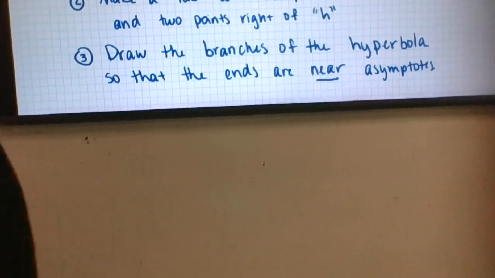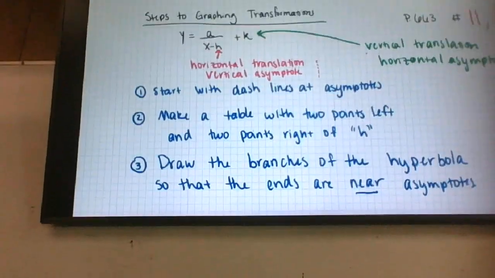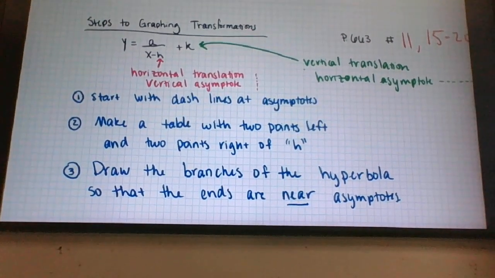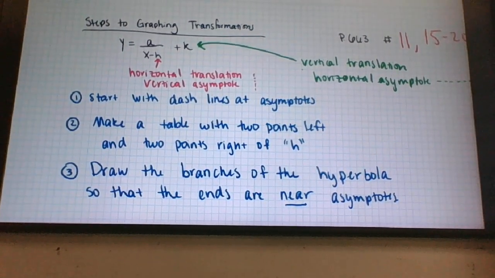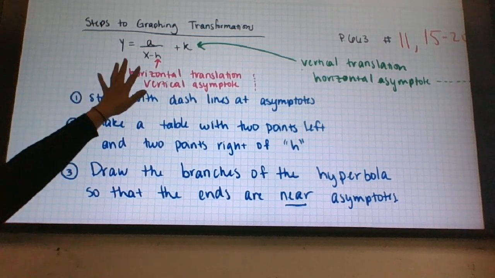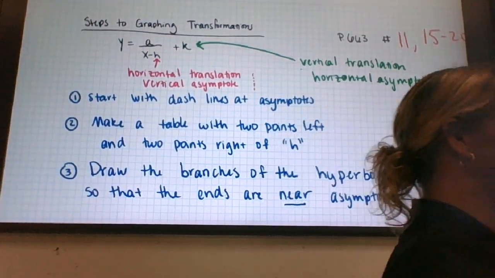All right, so if we have to move this left, right, up, or down, here are our transformations. If there's a number in the denominator with x, that's the h value.